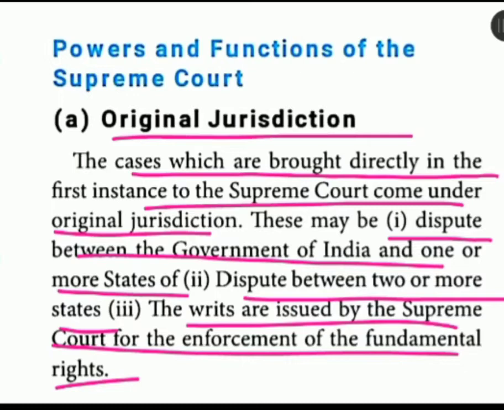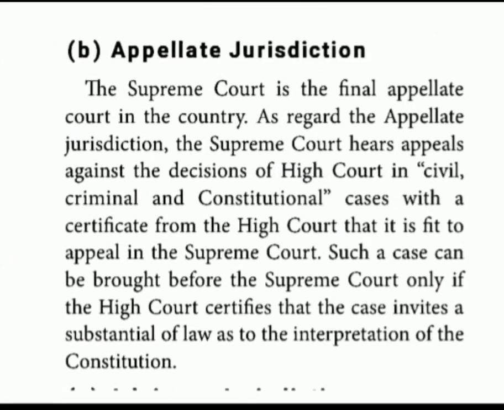The next one is appellate jurisdiction. If cases come directly to the Supreme Court, that is original jurisdiction. Appellate jurisdiction is different. For example, a person went to the High Court but couldn't accept the High Court's verdict.